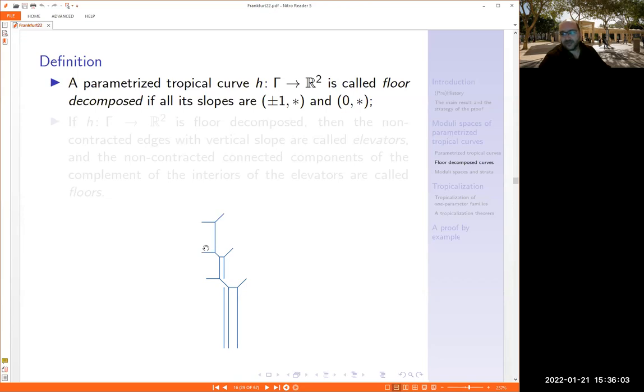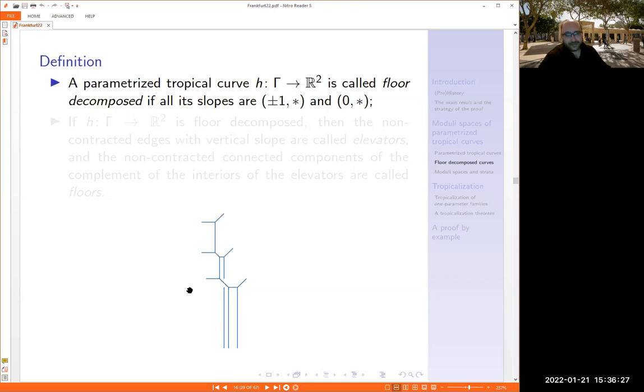So the slope must be either vertical or must have a horizontal component plus or minus 1. Here is the picture of such a curve, a rational planar cubic, floor decomposed.